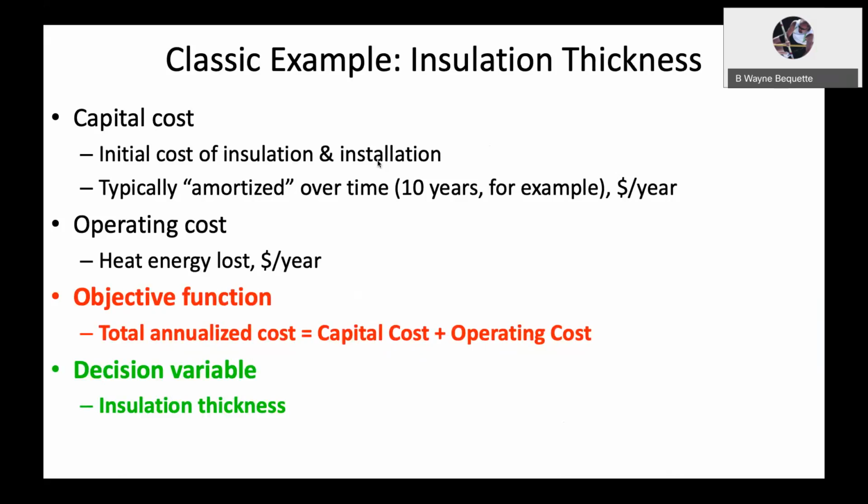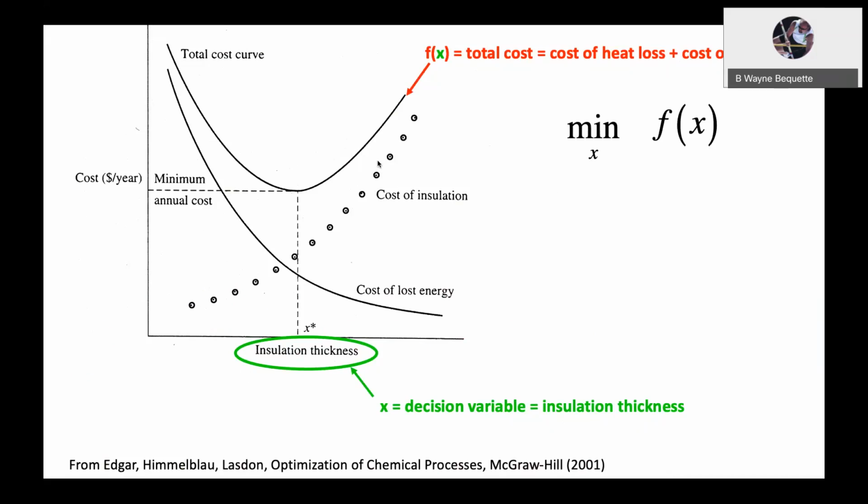The decision variable in this optimization is going to be insulation thickness, because as you get thicker and thicker insulation, that's going to drive your capital cost and your installed cost up. However, it's going to reduce your heat loss. So there's going to be some optimal intermediate insulation thickness value.